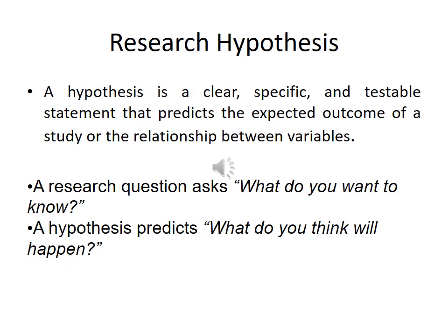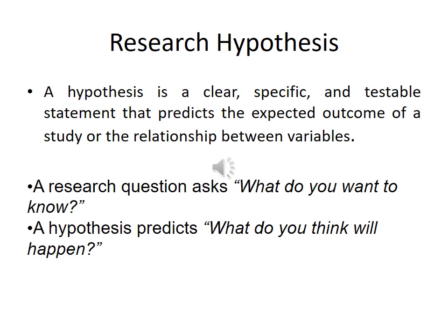Next is about the research hypothesis. The research hypothesis is a clear, specific and testable statement that predicts the expected outcome of a study or the relationship between variables. So it is nothing but an expected outcome of a research, or it may be a relationship between the variables. You may confuse the research hypothesis with the research question.